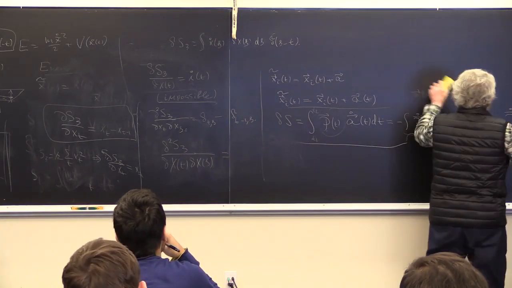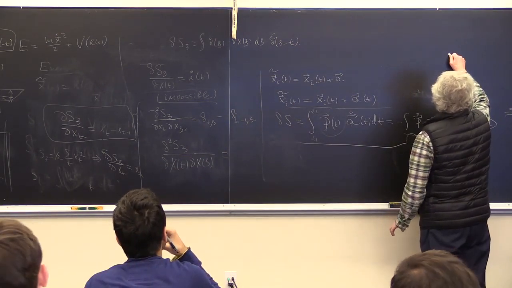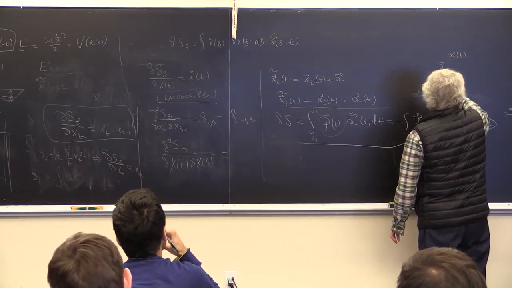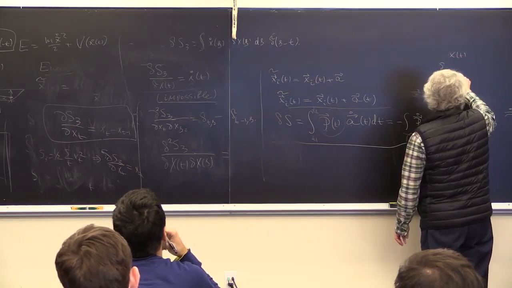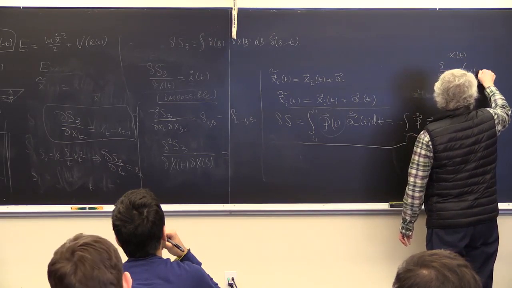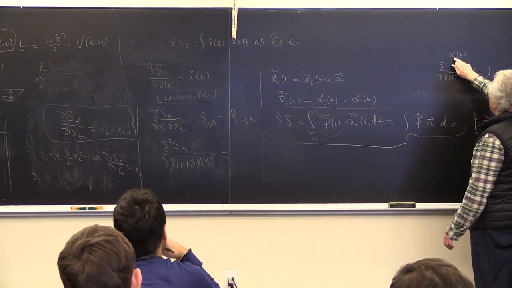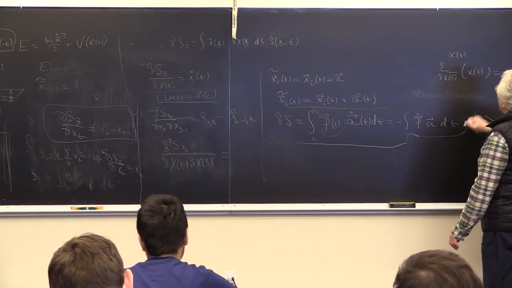So that's again our game with functionals. If it was simply x of t, our functional is the value of x at the moment t. What is this?